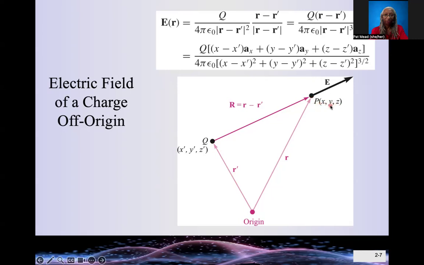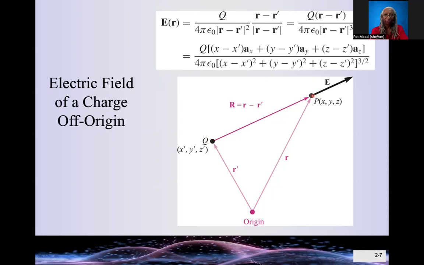the electric field is going to be Q over 4 pi epsilon naught times the magnitude of this distance squared. The direction of the field is going to be pointing from the source, the point charge, to the point P where you're trying to compute the value of the electric field, right?